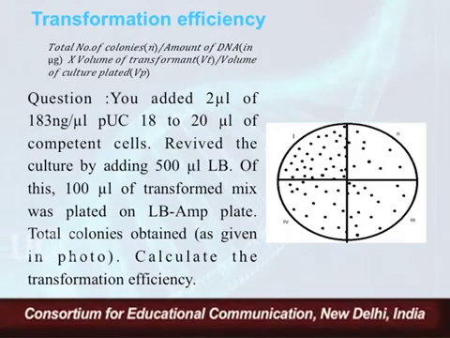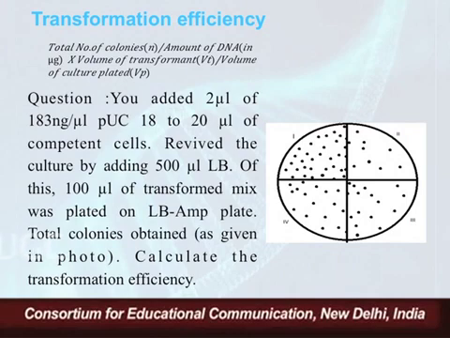So we know the amount of DNA, the volume of transformants, the volume of cells we are taking, the volume we are adding to revive the cells, and the volume of culture plated. So by this formula we can find out the transformation efficiency.